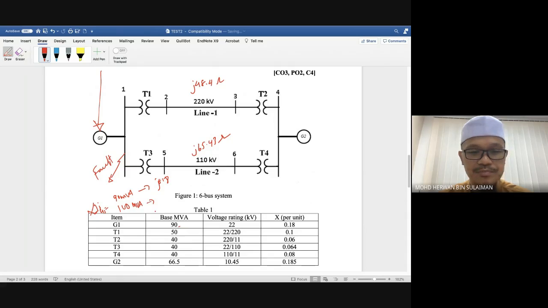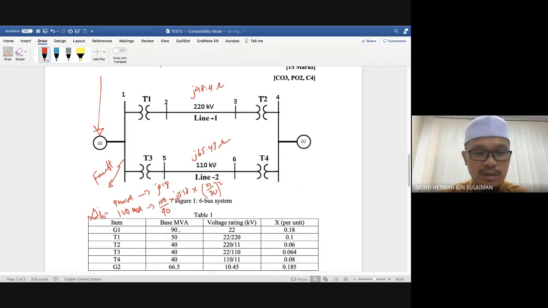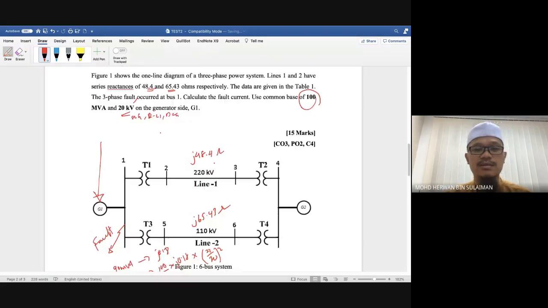So berapa? So dia ialah new base bagi dengan old base darab dengan J0.18 darab dengan voltage rating kan. Old base dia 22, new base 20 square. Kan ke takkan ni?